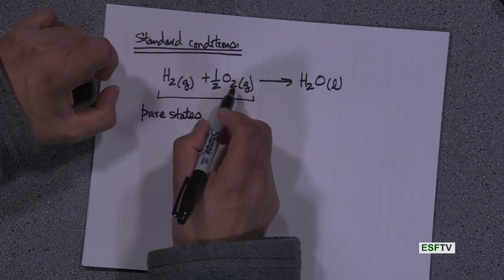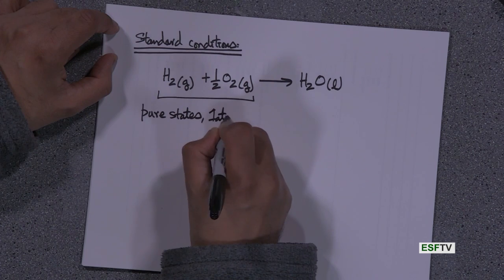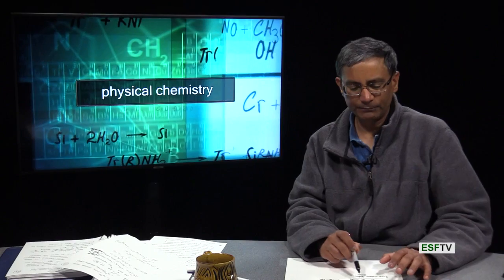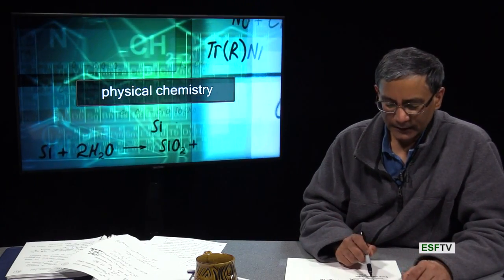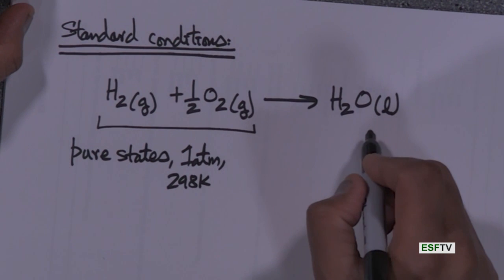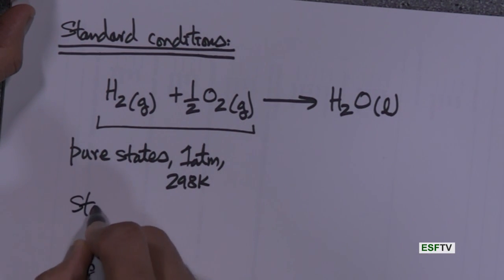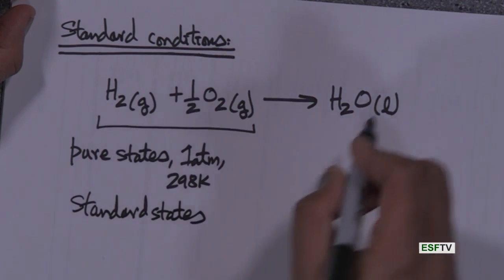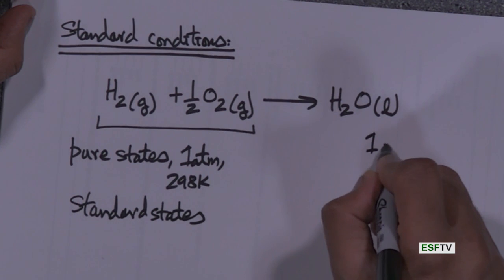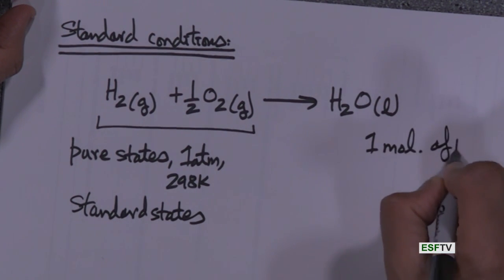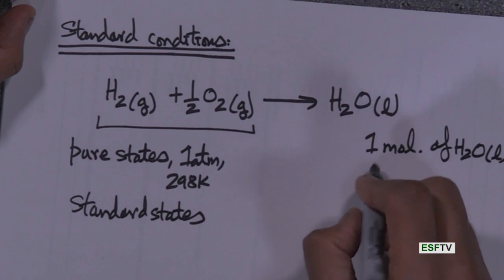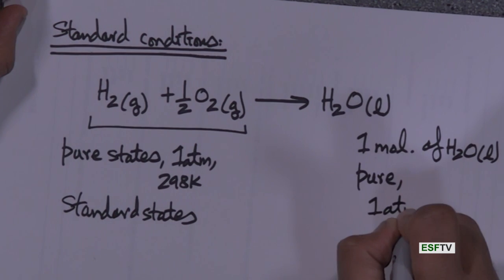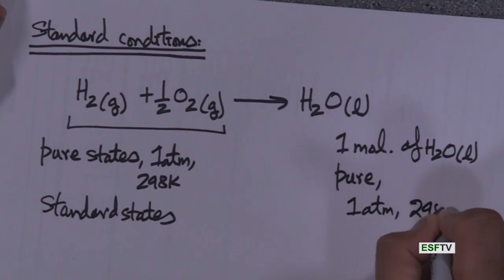So, pure hydrogen, pure oxygen, everything is at 1 atmosphere and 298 Kelvin. So, let's start with them separated. They react to give us liquid water. These are in their standard states. On the right hand side, we have 1 mole of H2O liquid, also pure, 1 atmosphere, 298 Kelvin.